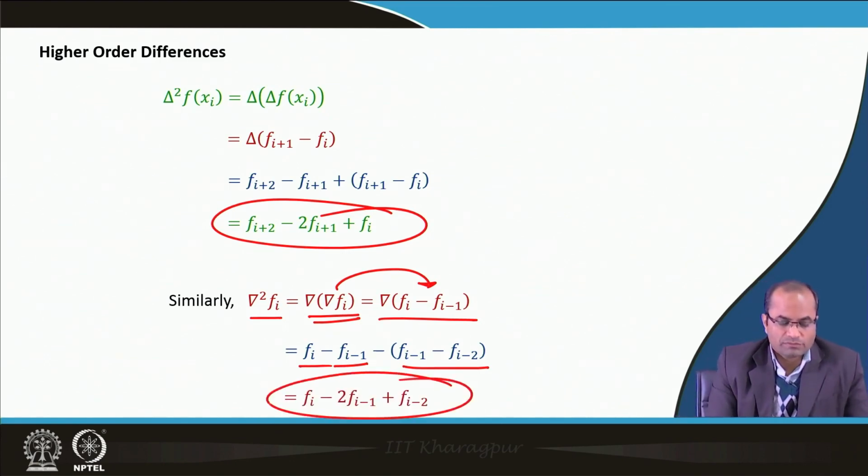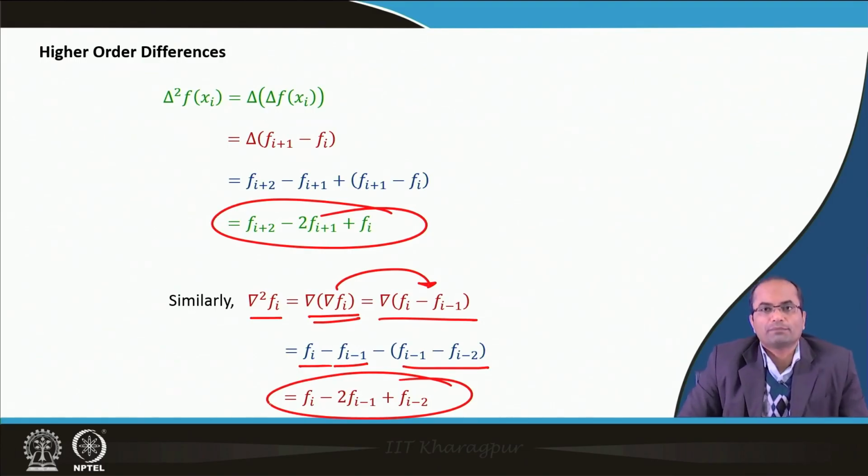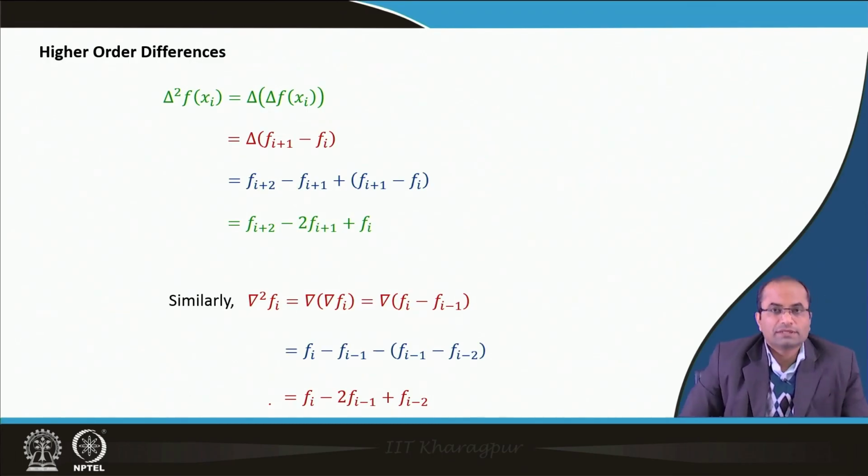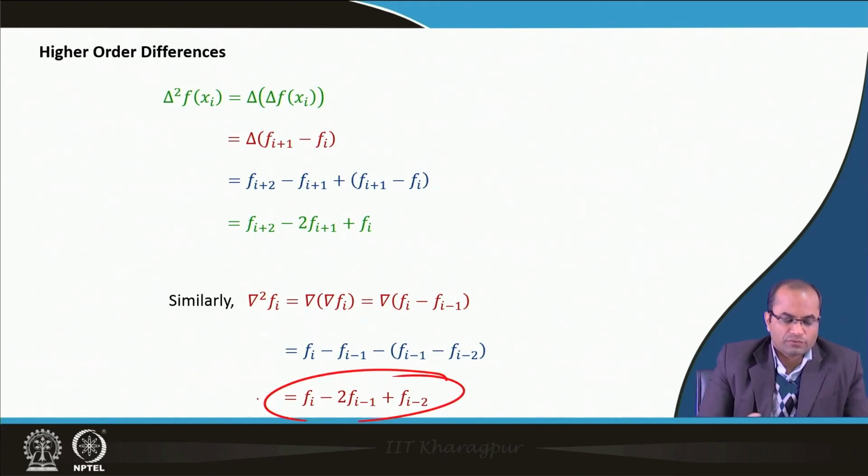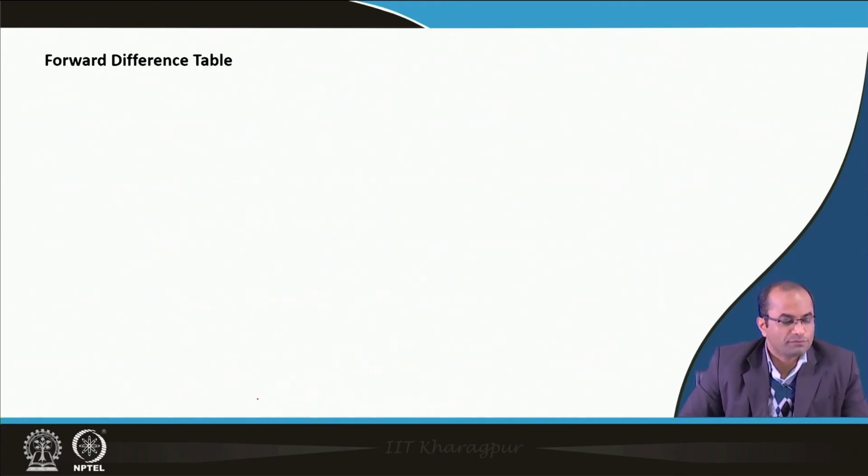When we combine, we get f_i minus 2 f_{i-1} plus f_{i-2}. So these are the second order difference operators. We can talk about the third order, fourth order or nth order in general, but we do not require it at present, so we will move further. The idea can of course be extended to the third and fourth order. It is very clear now.